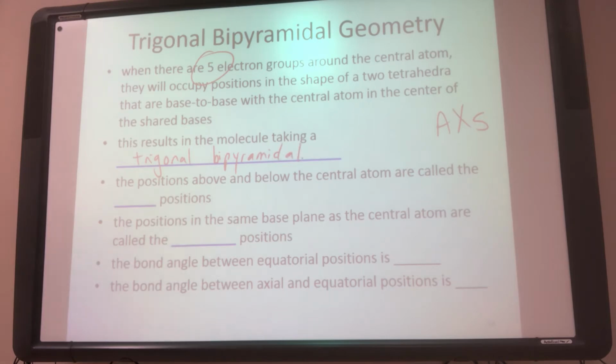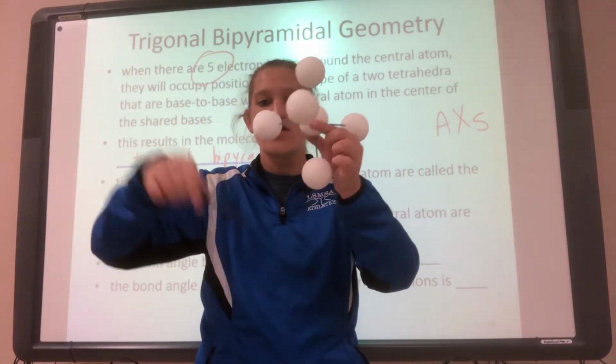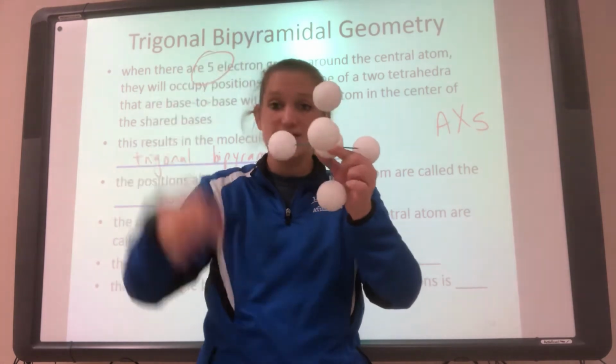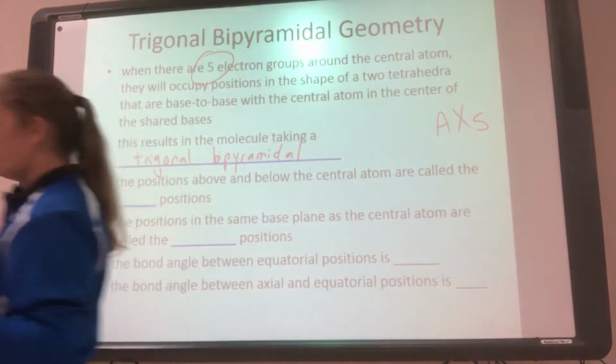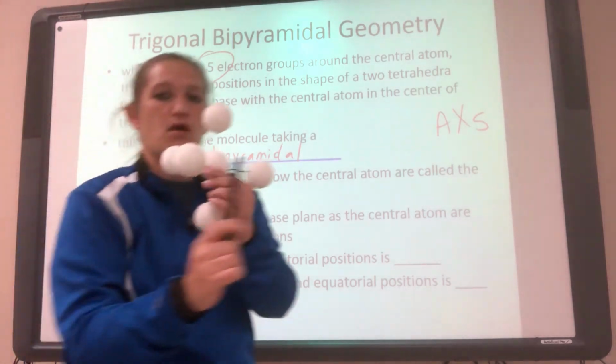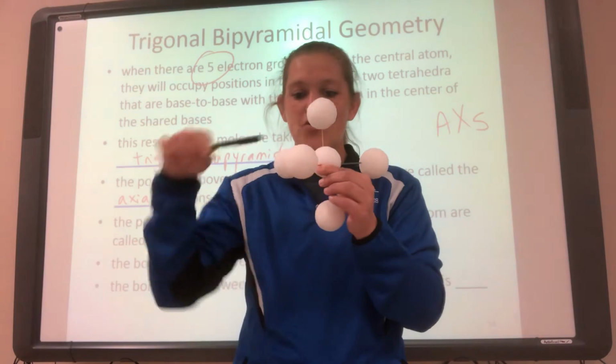Okay? Now, you have positions above and below. So you have positions that are at the top of the pyramid and the bottom, not within this triangle. So on the top and the bottom. These are on an axis. So these are called axial. And then the positions here, these positions that are in the same plane, they're on level.